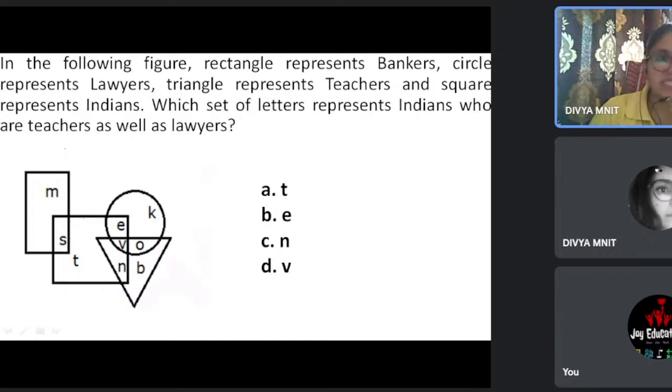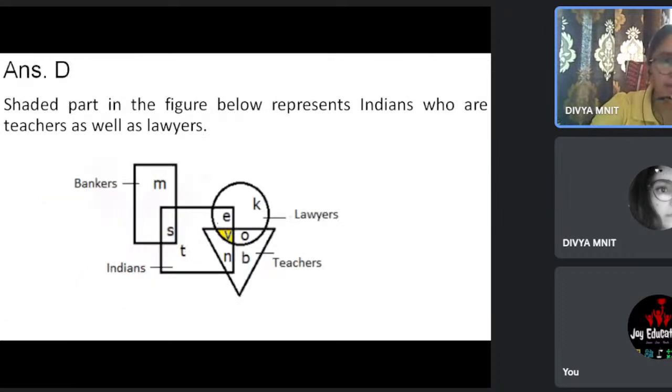The Indians are represented by the square, so we have to find the area which lies in the square, and also the rectangle and the circle. So the answer is option D. This yellow part represents the Indians who are lawyers as well as teachers.